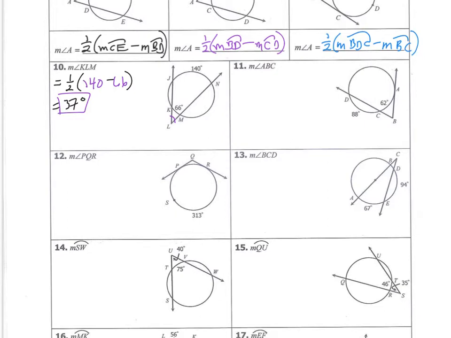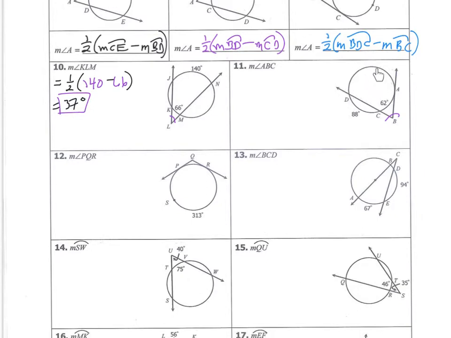Well, it gets a little harder when you look at number 11. I want to find the measure of this angle right here. Do I have both intercepted arcs? No. But I have two out of the three arcs. Can't I find the intercepted arc? This one right here?